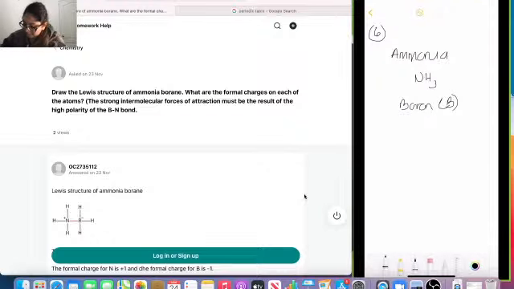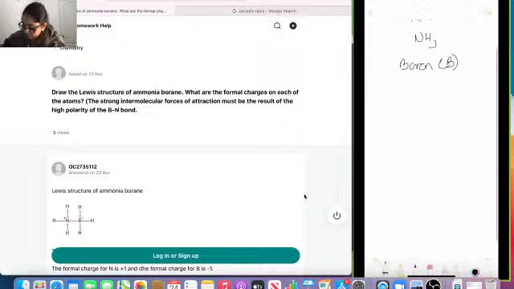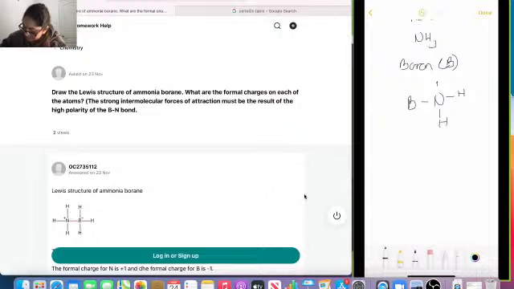And so to draw this structure, we're going to have our boron and our nitrogen in the middle, and since it's ammonia, nitrogen has 3 H's, and our boron over here would also have 3 H's.